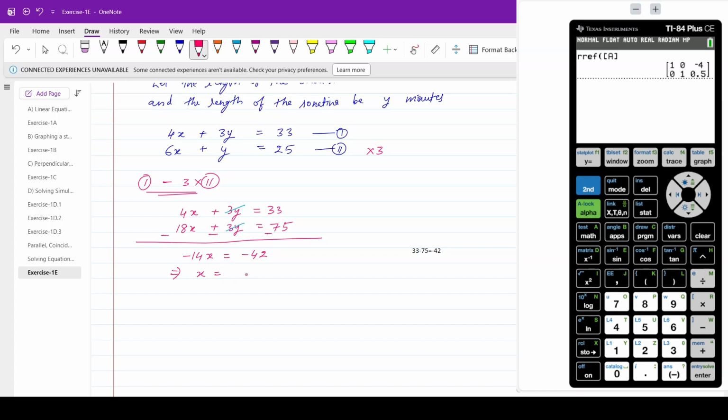If we solve for x, we get minus 42 divided by minus 14. Minus minus will cancel out, and the answer will be 3.